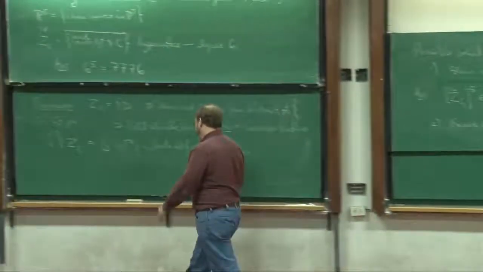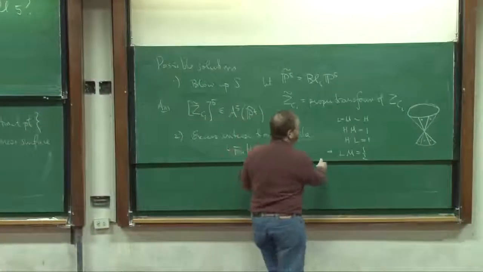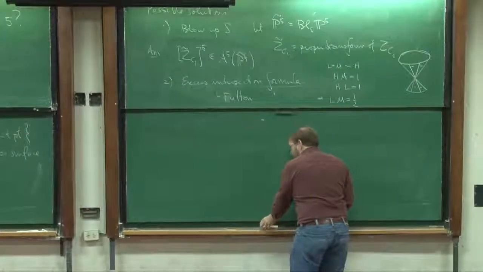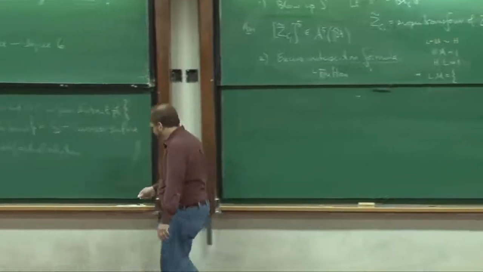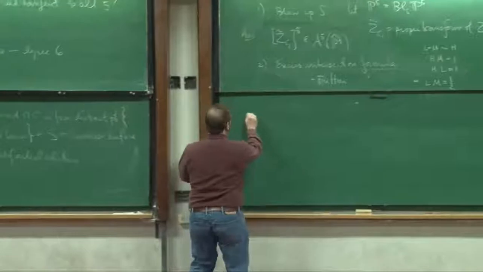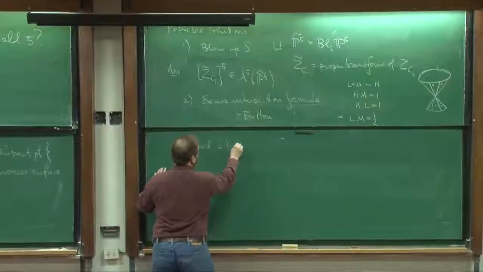So that's another approach. But the approach that I really want to talk about today, and I've already sort of said this when I talked about the problem involving twisted cubics on a threefold, the third approach is to find a better parameter space.